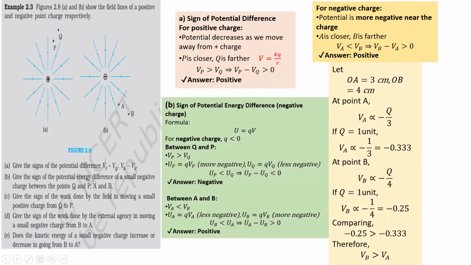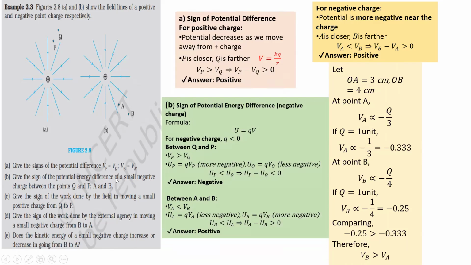Give the sign of the potential energy difference of a small negative charge between the points Q and P as well as A and B. Okay, first we'll go for this. Now, sign of potential energy. What is the formula for potential energy? Potential energy equals charge into potential, right?